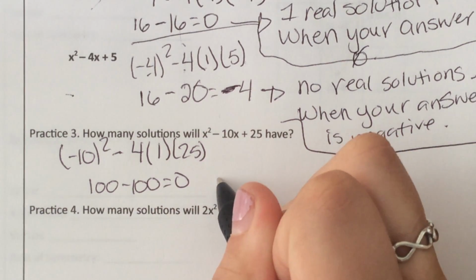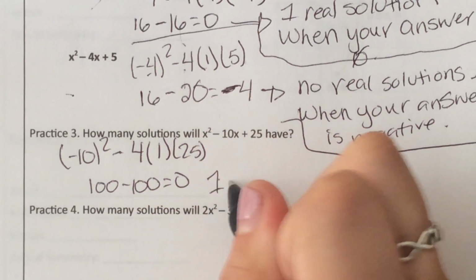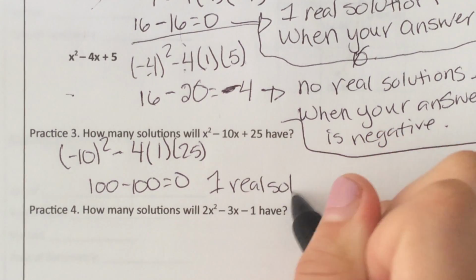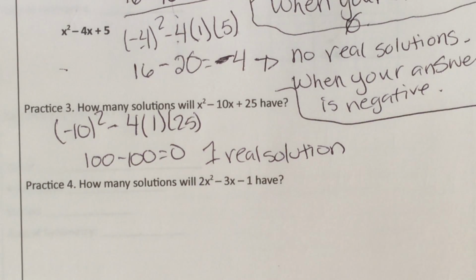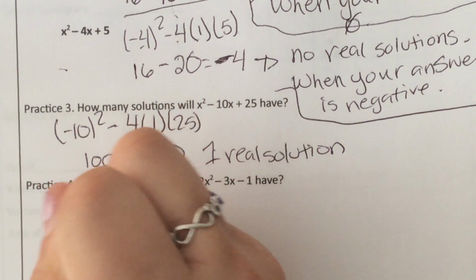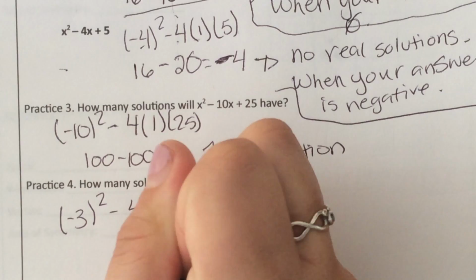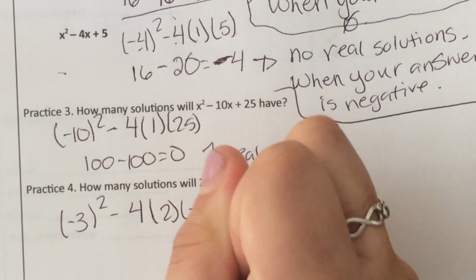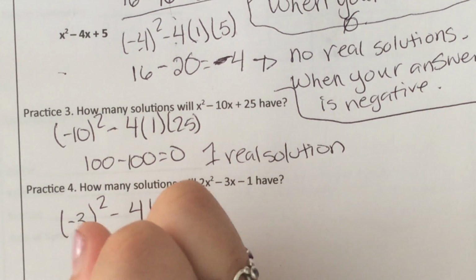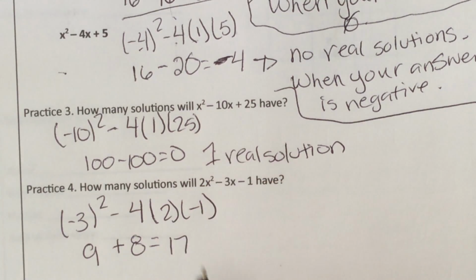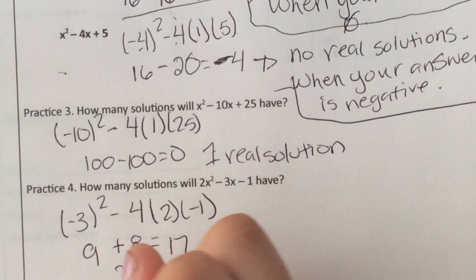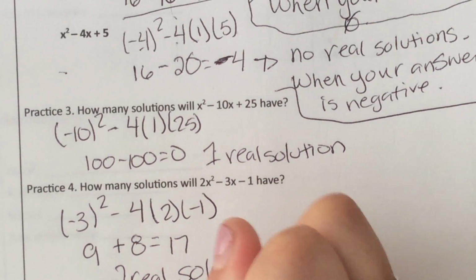So when it's 0, it's one real solution. Okay, and then practice 4 is negative 3 squared minus 4 times 2 times negative 1. You get 9 plus 8, which equals 17. So it's a positive number. So there's two real solutions.